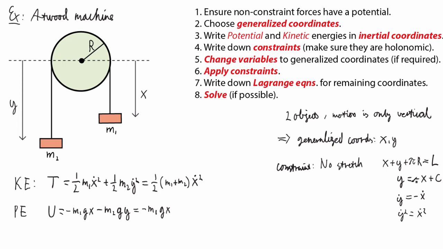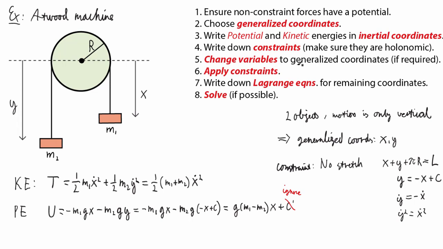Okay, y is minus x, so just put that in there. m2 g (minus x plus c), which we will rewrite as g times (m1 minus m2) times x plus c prime. C prime is m2 g c, but as you know, a constant added to a potential doesn't mean anything, so we can just ignore this. Okay. All right, constraints applied.